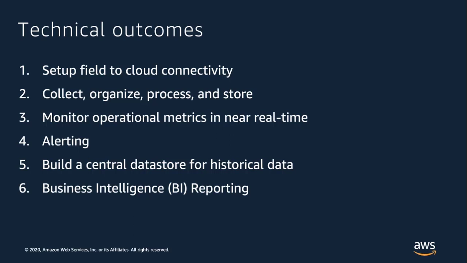And then you are also looking to monitor operational metrics in near real time. You are looking to do alerting when certain thresholds are breached. You're looking to build a central data store for historical data analysis, often known as an industrial data lake. And then you're looking for running business intelligence reports out of the data you have stored.